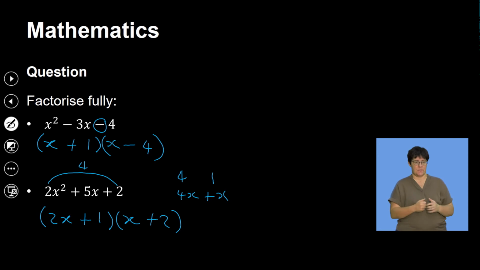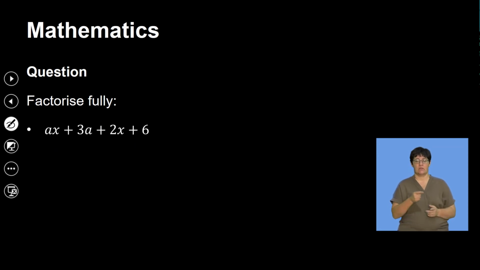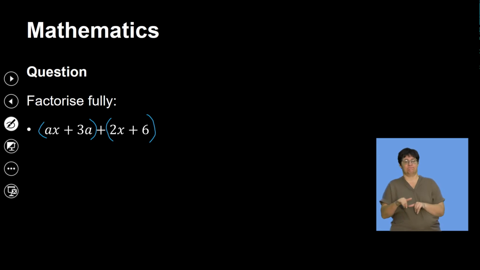Now, factorize fully, this is in the form of grouping. If I group this, already they are grouped for you. You just need to make sure that in each of the two binomials you can take out a common factor, and then they will give you the same common factor so that you can take out another common factor.